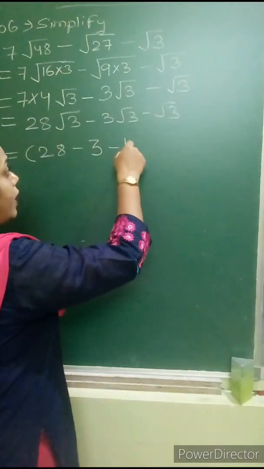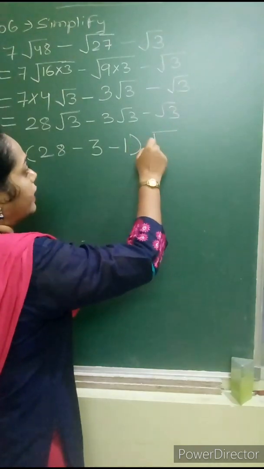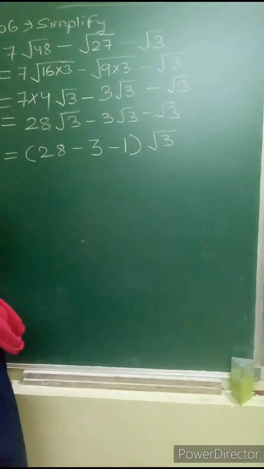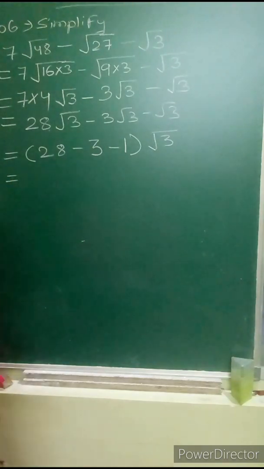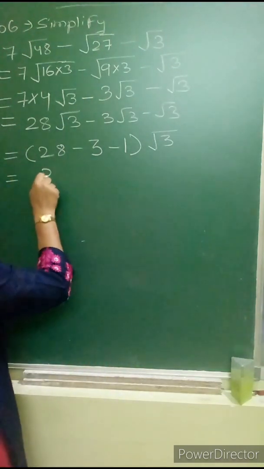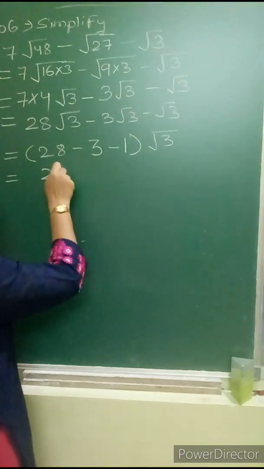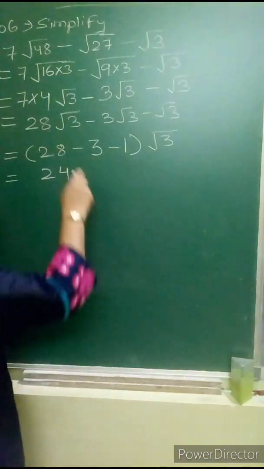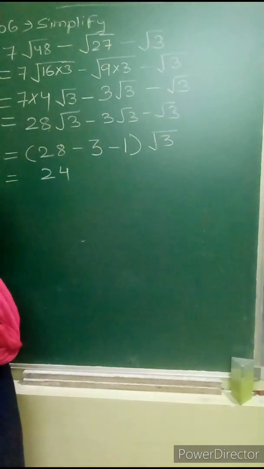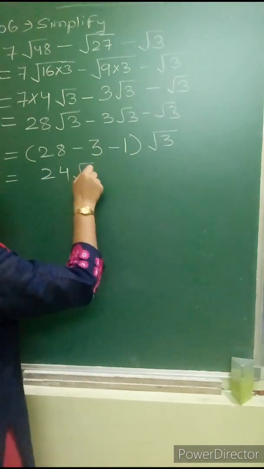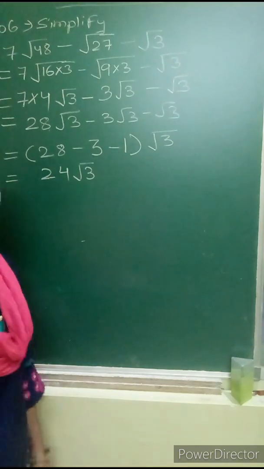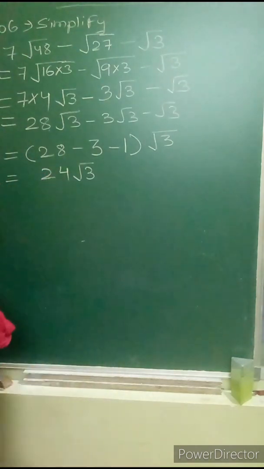So here you write 1, close the bracket and write the common radicand, that is square root of 3. Now what is 28 minus 3? 28 minus 3 is nothing but 25, and 25 minus 1 is what? 24, isn't it? And write down this same radicand, which is square root of 3. So this is our final answer.